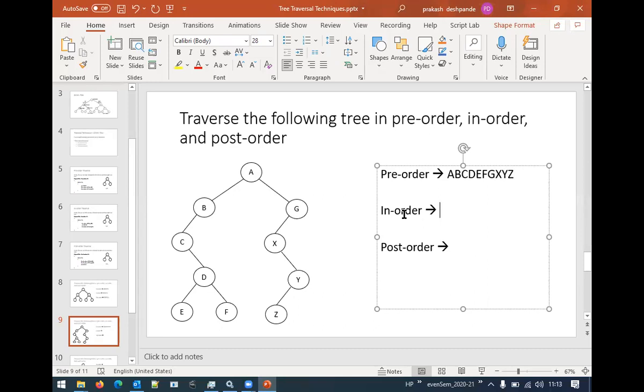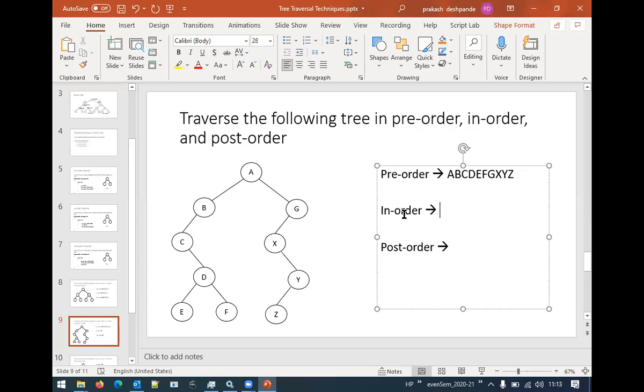Now start from the root node. What do we have? A. Now should I read that first? No. Where should we go? Left. So on the left, what do we have? B. Now is that B a leaf? No, it is a root. So again go towards its left. On its left, what do we have? C. Is it a root? Yes.